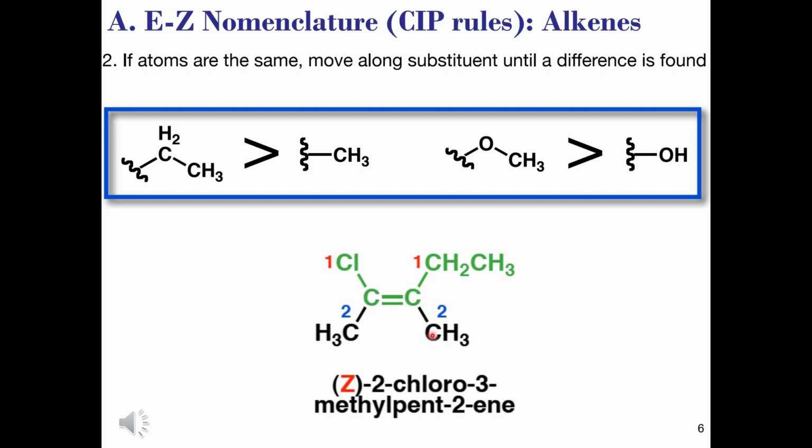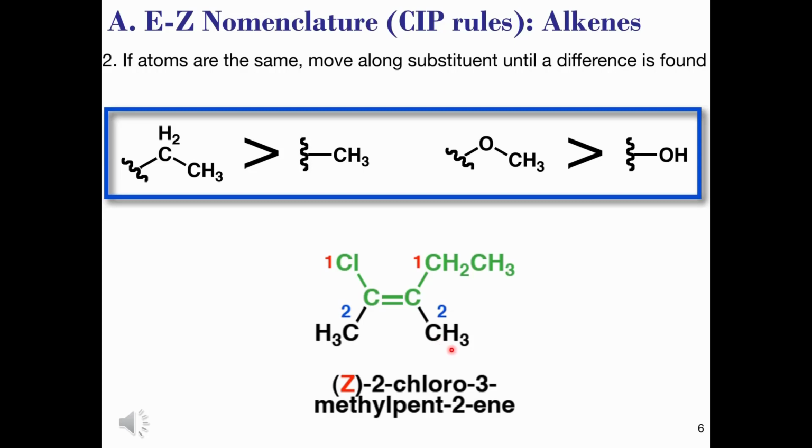difference. So this is very similar to what we do when thinking about the assignment of priorities for the R and S nomenclature. So as we move down the top half, we would encounter another carbon atom, so it would be CHH. But for either of the methyl groups, the next atom down the chain is going to be a hydrogen.